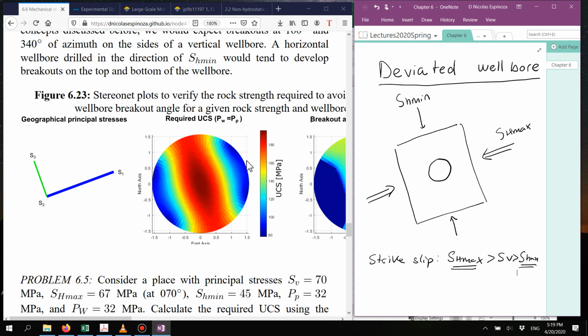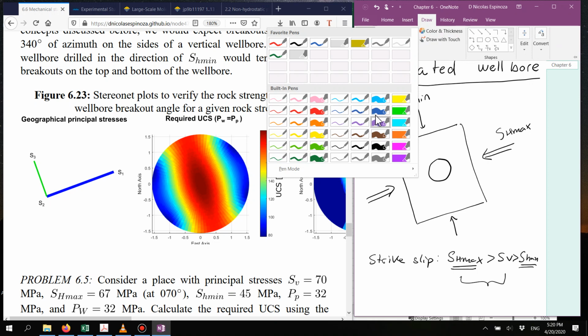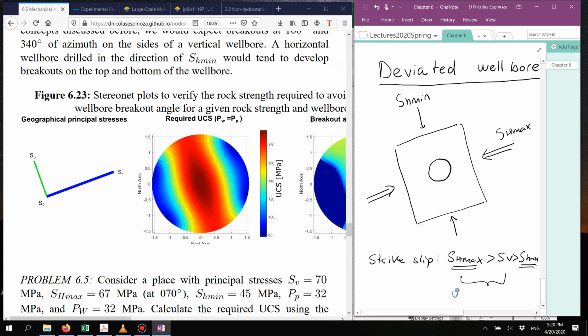In this case, we would have a horizontal wellbore that combines SH max and SV. And in this particular case, we see that the required unconfined compressive strength is about 80 MPa. And that would be for now a horizontal wellbore going in this direction.